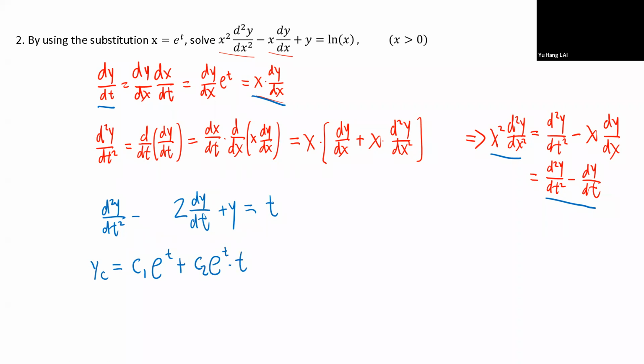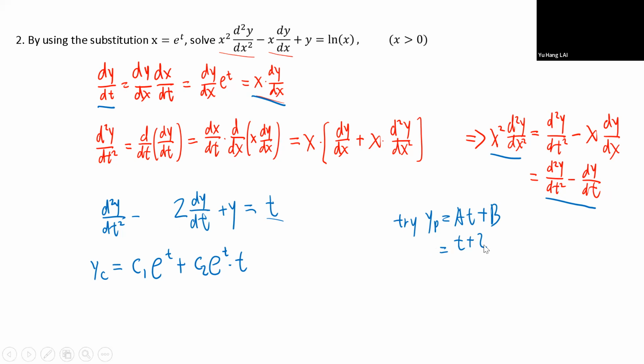And then the particular solution. How do you find the particular solution? Well, you see that the right-hand side is a linear function in t. Then you try this particular solution in this form, and then you just substitute it back to the equation. You'll find that this is equal to t plus 2.